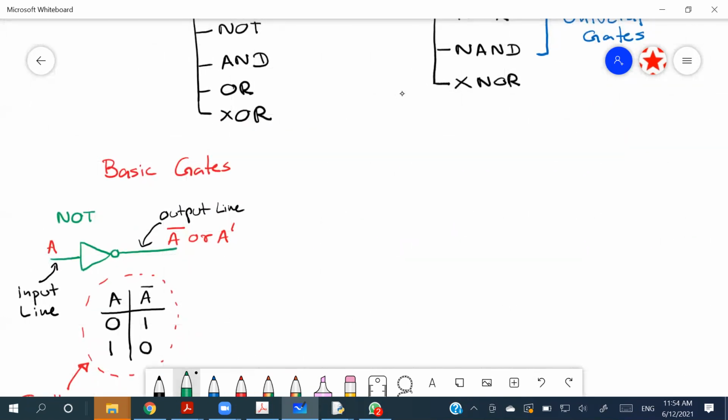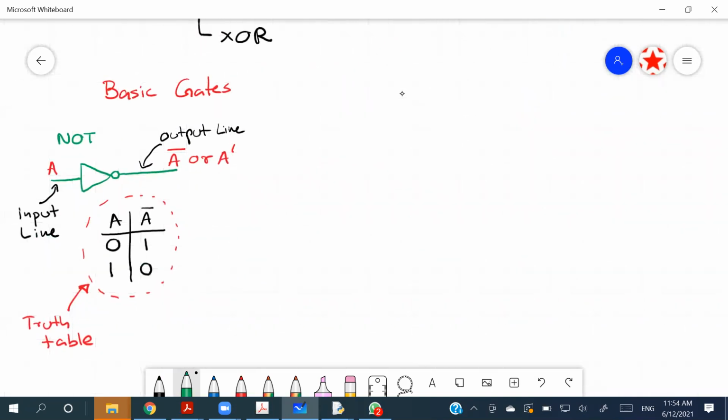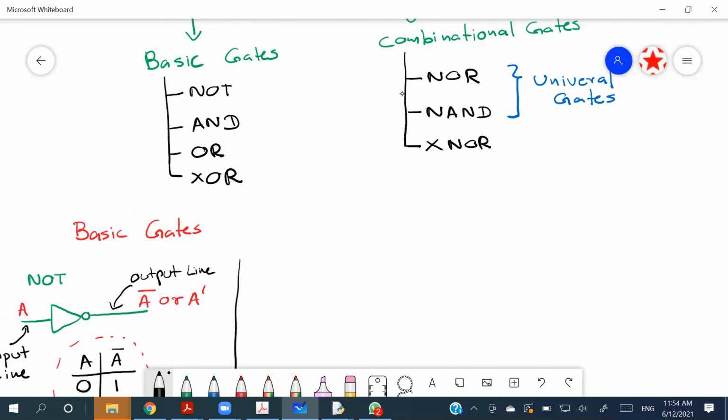And the second gate that we are going to talk about is the AND gate.